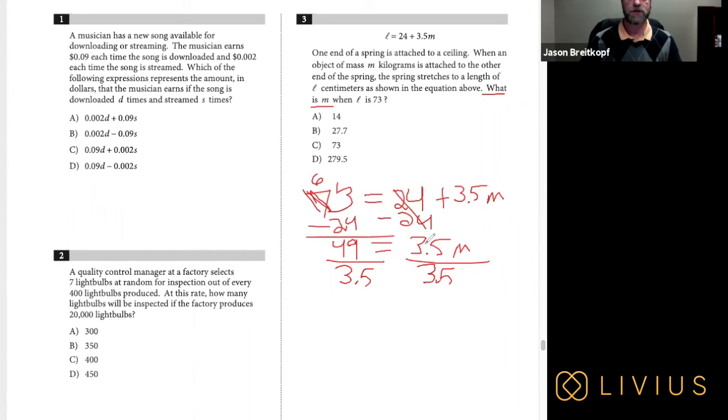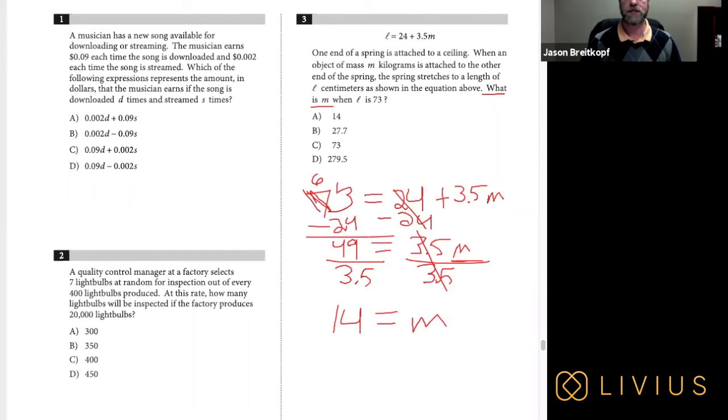So in order to simplify, we have to divide out the 3.5 to get the m by itself. And of course, 49 divided by 3.5 is probably a little bit too challenging to do in your head. So use a calculator, just like I did, and you come up with a result.